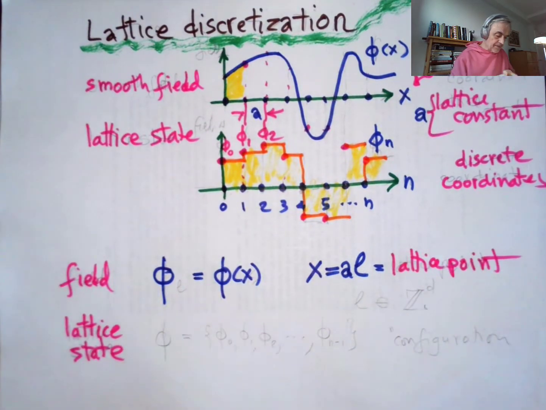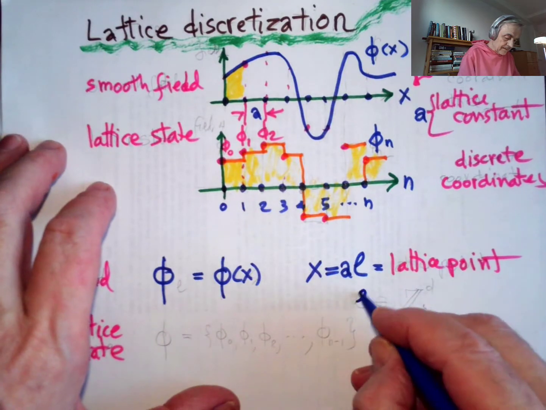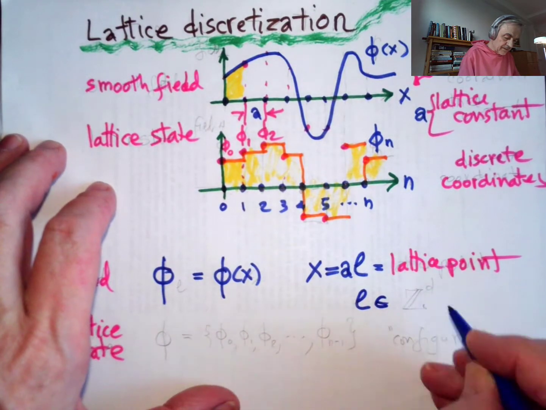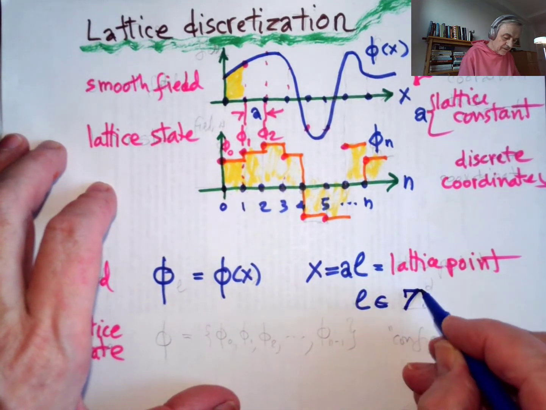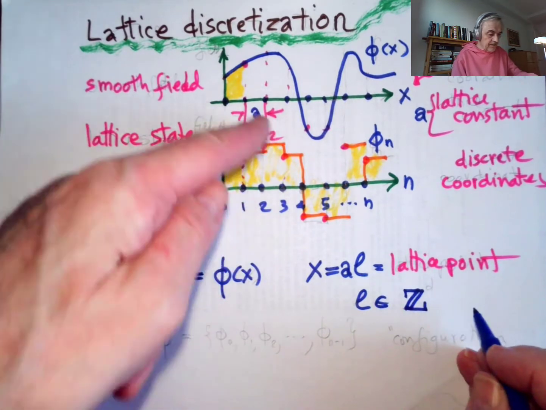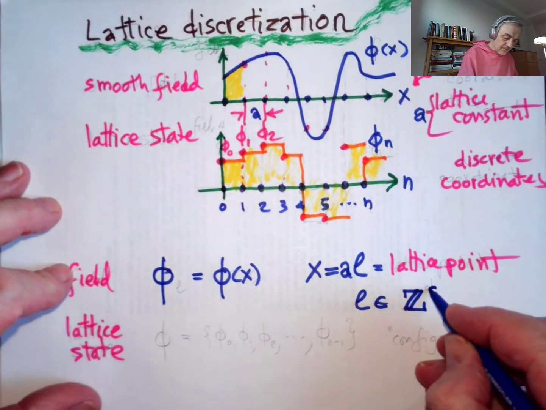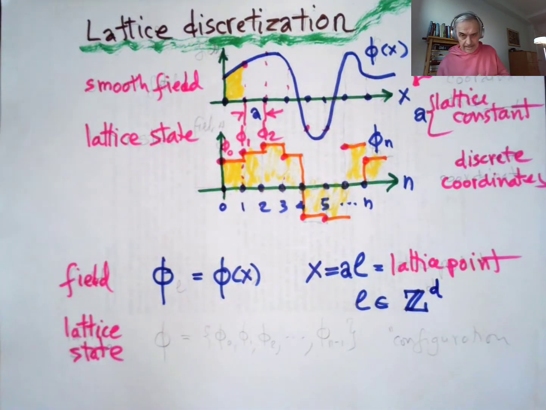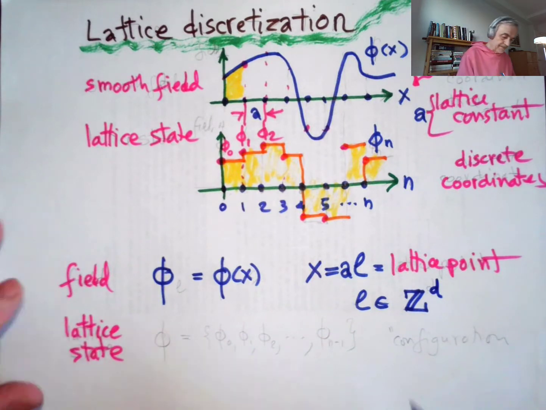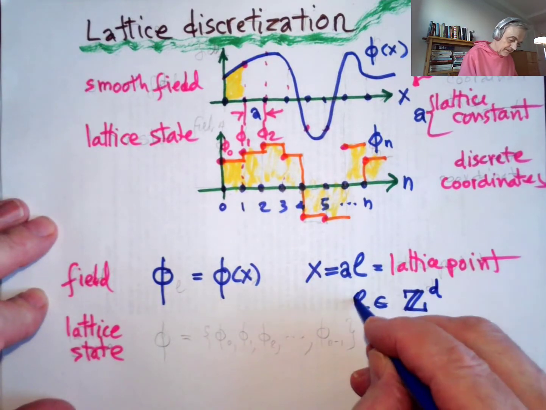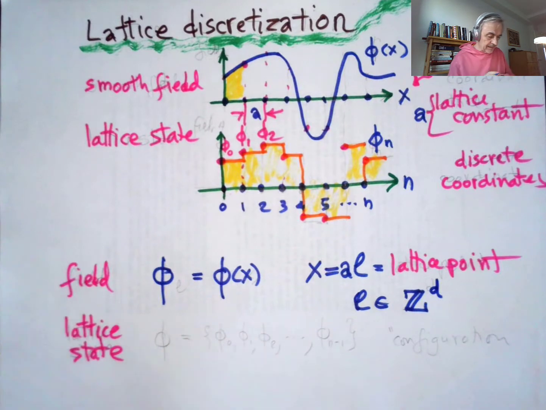Now, in principle, the lattice point is any integer. And here it's one dimension, but if there are more dimensions, then there is an integer spacing in every dimension. So it's integers on D. And L is really just a vector. X is also a vector, but L only has integer values.